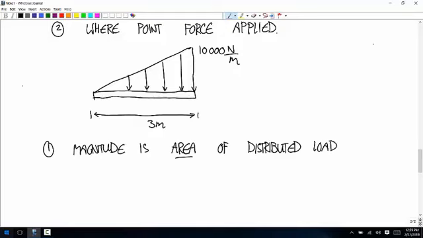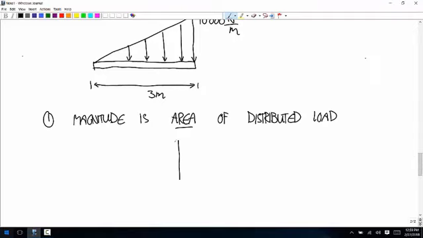In other words, what you're really doing is integrating this distributed load function over x. So in this example, the numbers are going to look a little funny because they're on very different scales. But you can think of the width as 3 meters, and the height as 10,000 newtons per meter. Calculate the area of a triangle: base times height over 2.